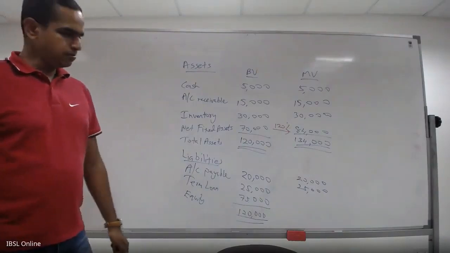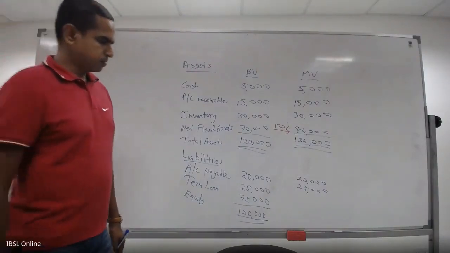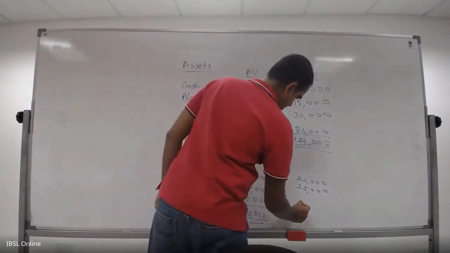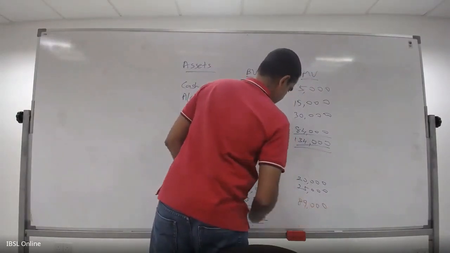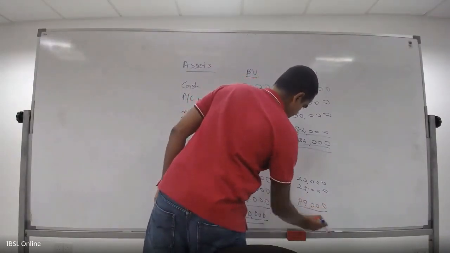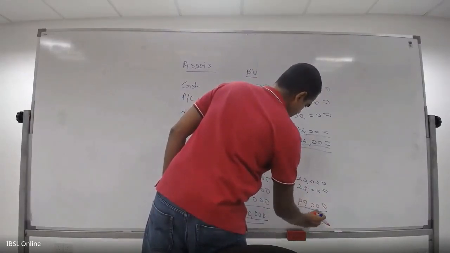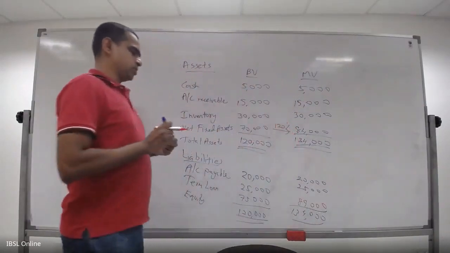It has to increase by 14,000, isn't it? So you have to apply 89,000. $134,000.